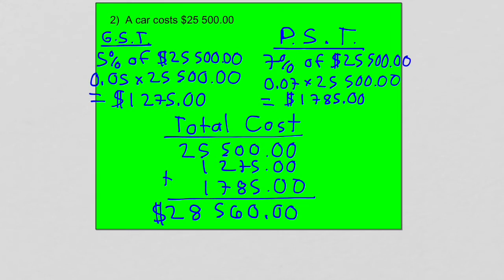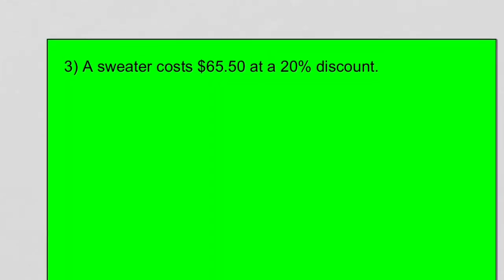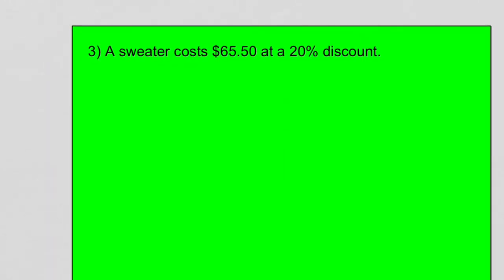So we did some questions where you had to calculate taxes, and then what we did is we put everything together. We talked about what you'd pay if you had a discount and wanted to calculate a total cost. So again, the order you do this, you start off with your discount.